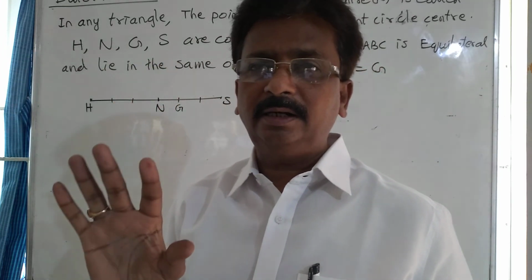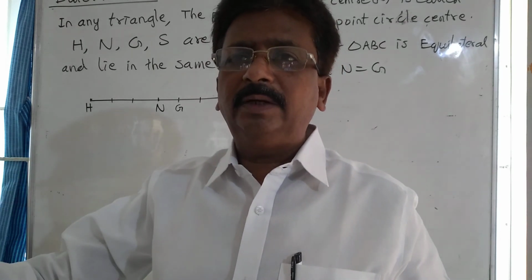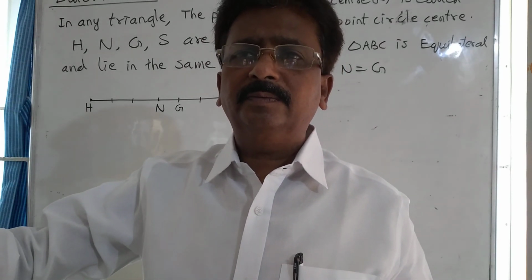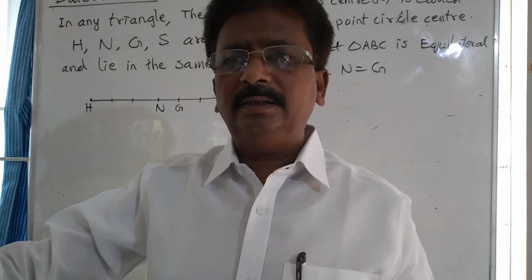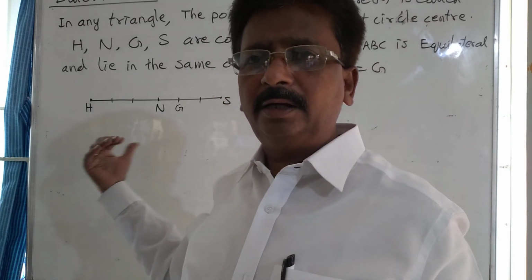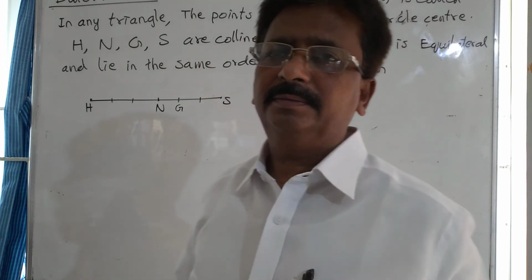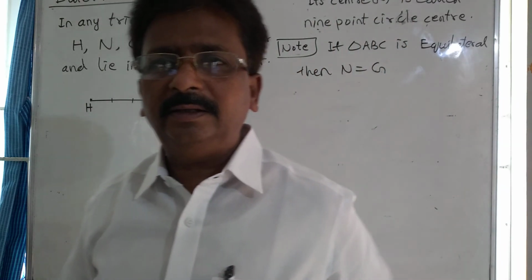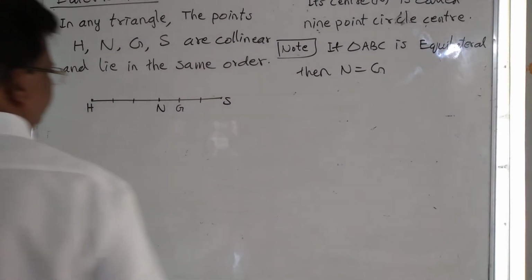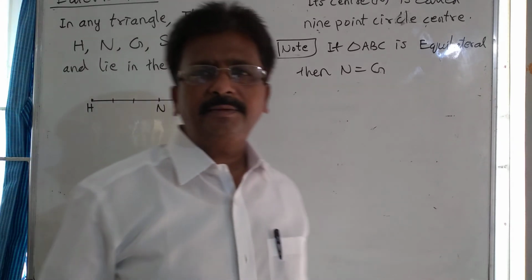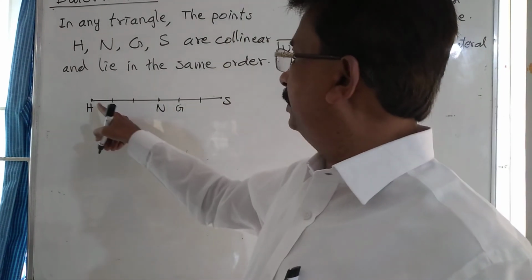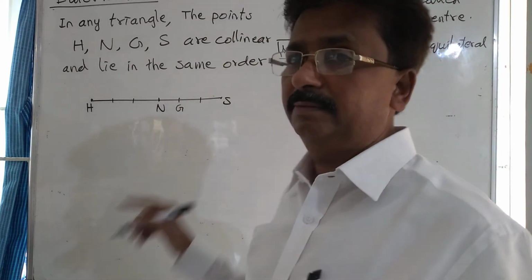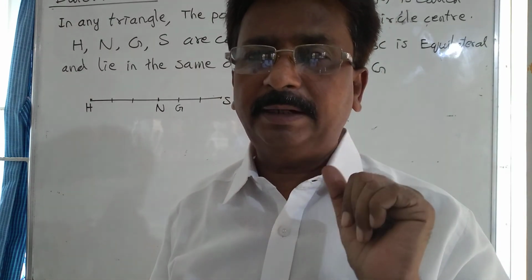Okay, are you understanding? In this way, we can find the ratio of any point at which it divides. Are you following? So, I will say here the ratio at which H divides the GS line segment.